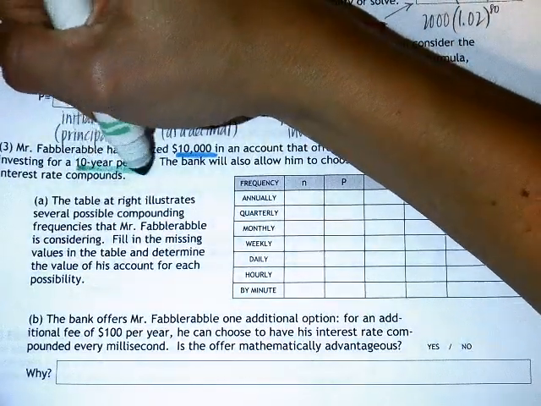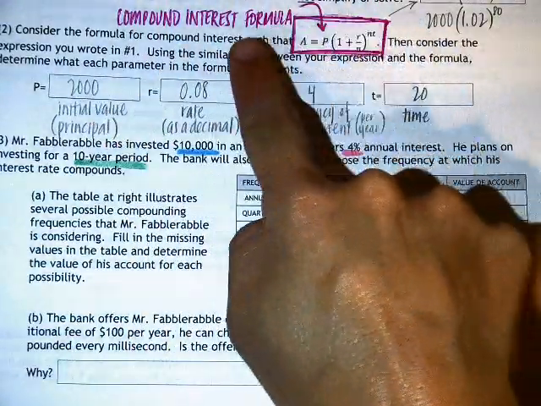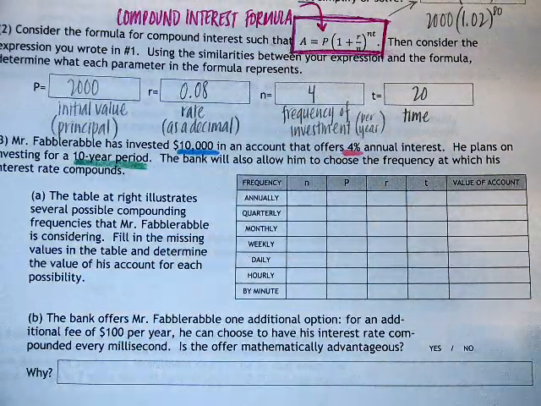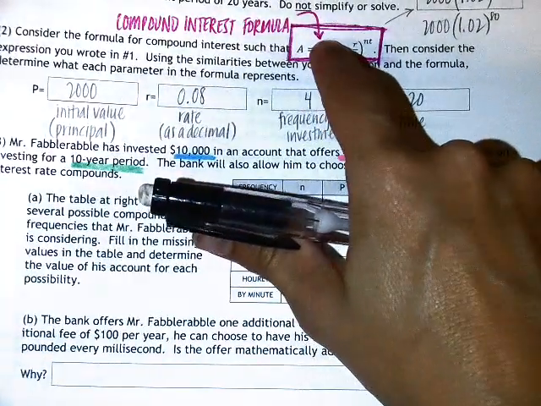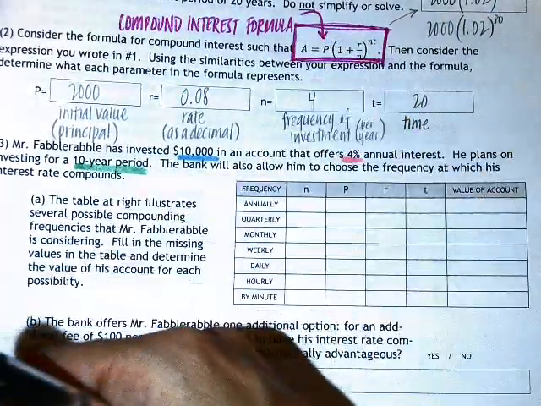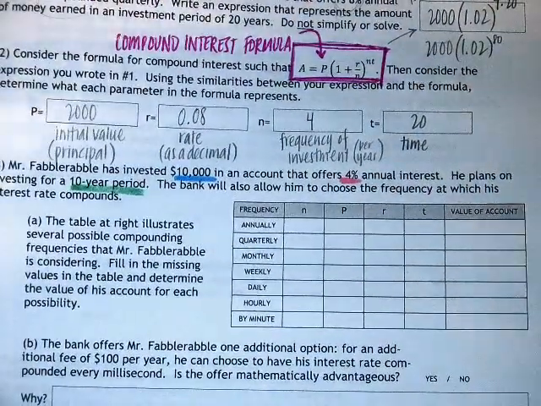So I'm starting to think now, how can I make sure that I understand which parts of this compound interest formula they're giving me? I'm going to use the compound interest formula just because I like using it. I feel like it has some structure to it, and I personally like using formulas because they have structure, and I feel like that's more secure. But you can obviously do this without if you choose to.